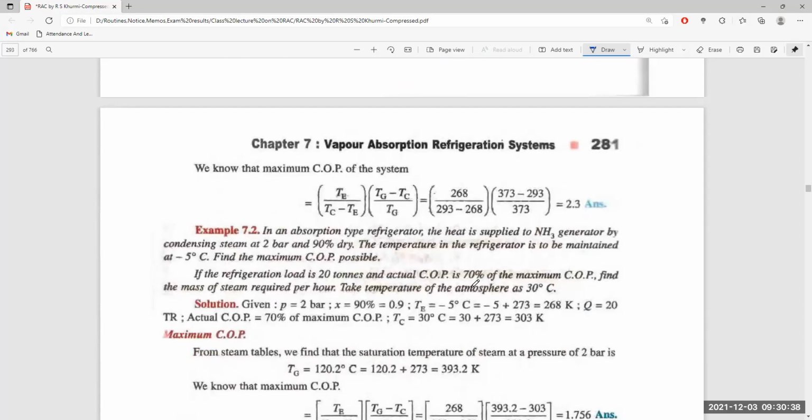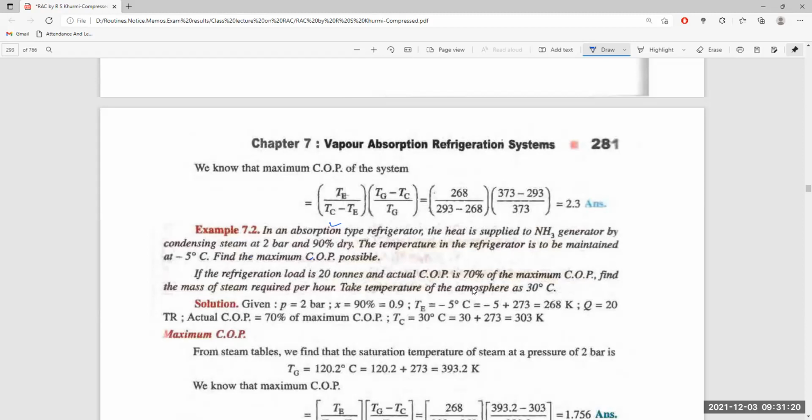In an absorption refrigeration system, the heat is supplied to the generator by condensing steam at 2 bar and 90% dry. The temperature in the refrigerator is to be maintained at minus 5 degrees centigrade. We need to find the maximum COP. The refrigeration load is 20 tons capacity and the actual COP is 70% of the maximum COP.